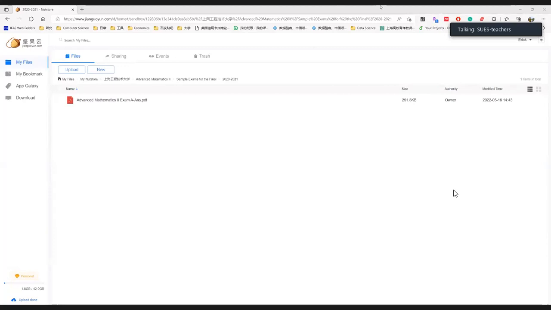We're just discussing how the final exam will look, this one for last year and for this year. The credit is assigned to different question types: filling in the blank, multiple choice, calculation, applications, and proof. This will change, but the questions will be based on the materials we just learned.